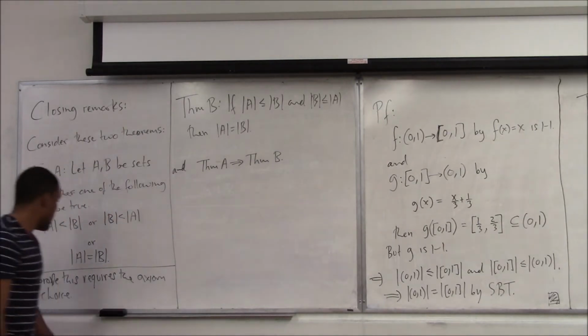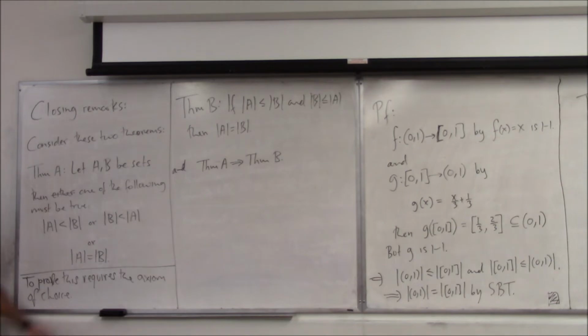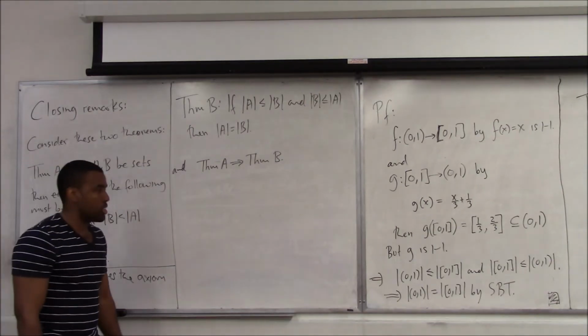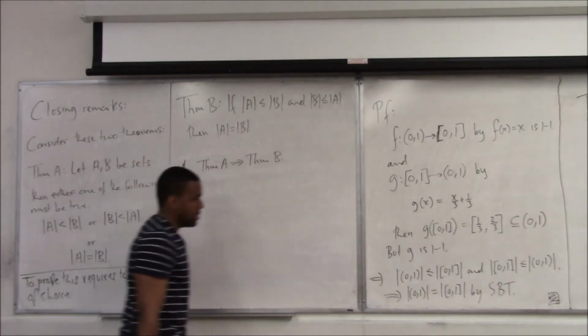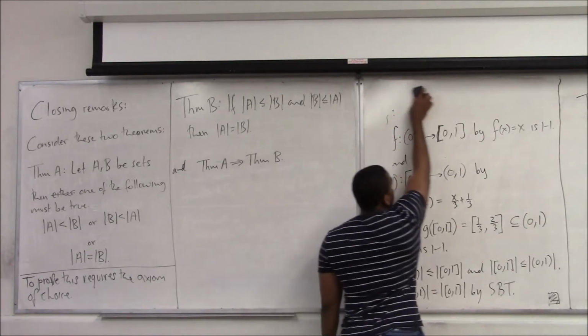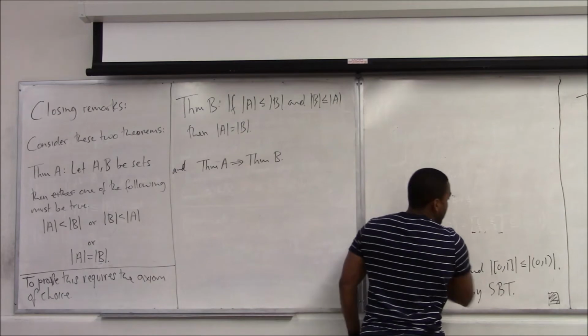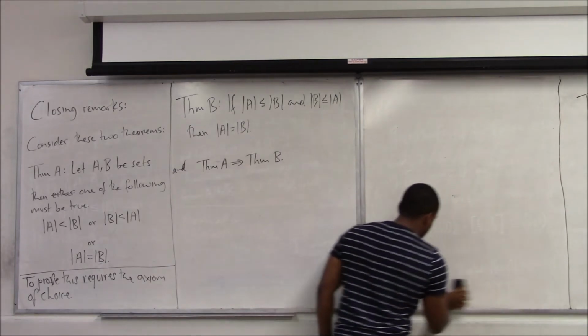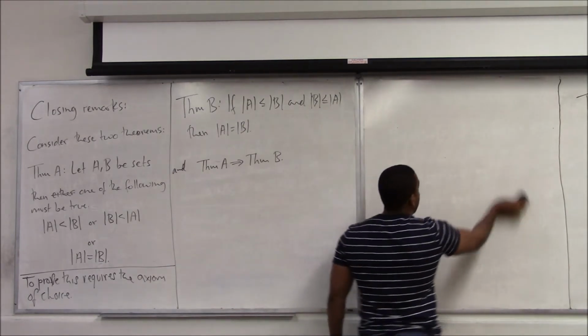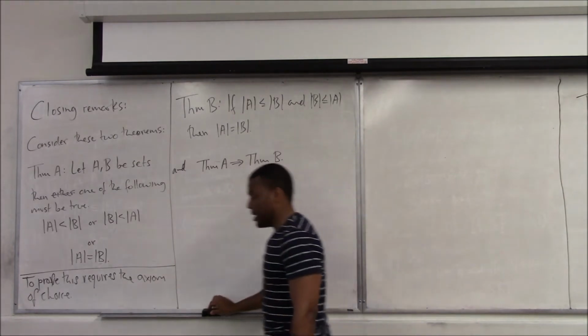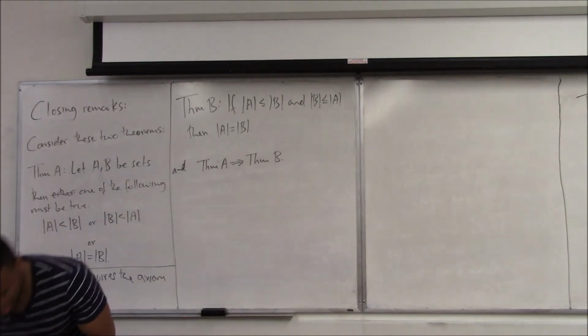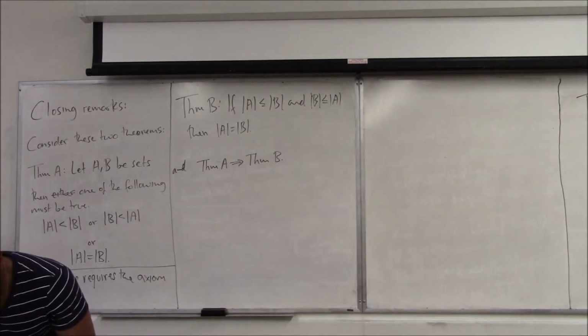So without the axiom of choice, this might not be true and that might not be true. But we are assuming the axiom of choice in this class. And today, most material that you read in mathematics would accept the axiom of choice. If they don't, they'll announce it: we do not accept the axiom of choice.